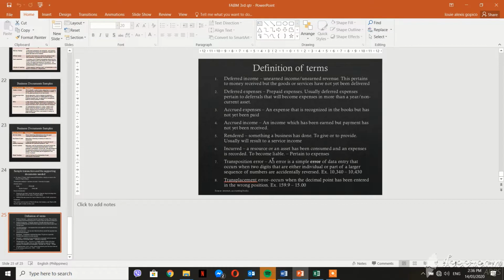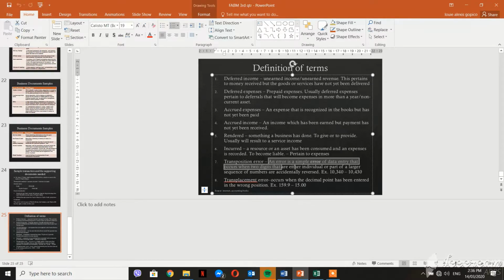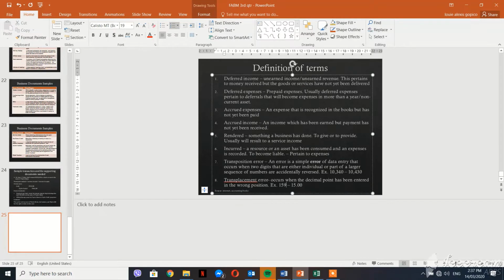So a transposition error is a simple error of data entry that occurs when two digits that are either individual or part of a larger sequence of numbers are accidentally reversed. So look at the example. So that is a transposition error. Okay? A transplacement error occurs when the decimal point has been entered in the wrong position. So, for example, instead of 150, we make it 15 pesos.